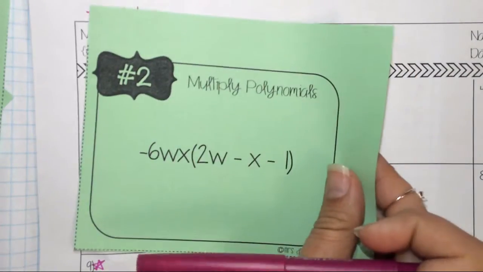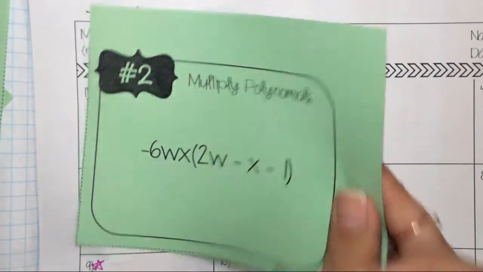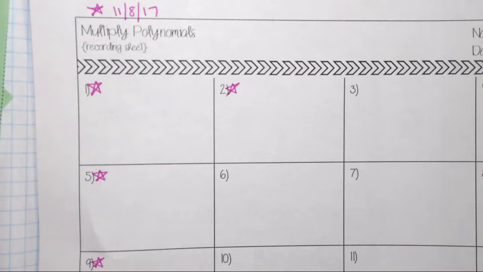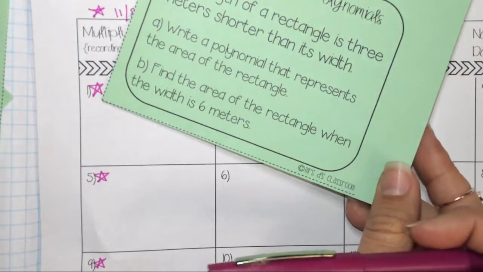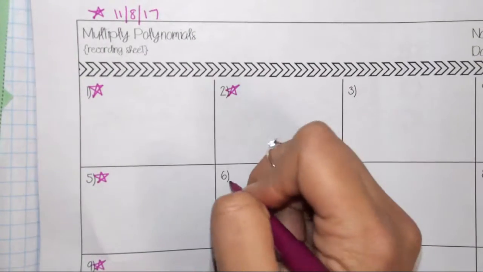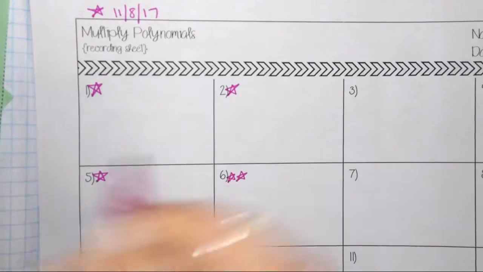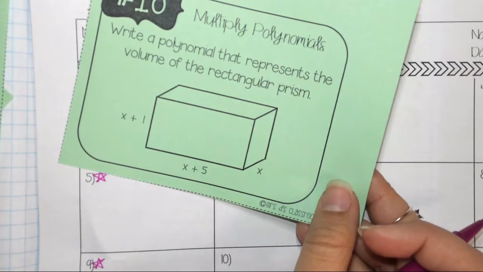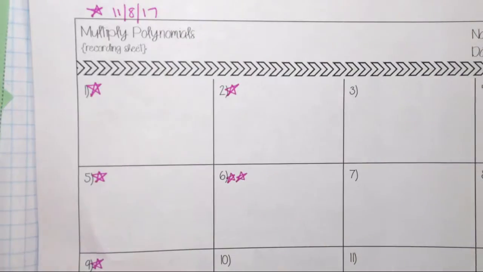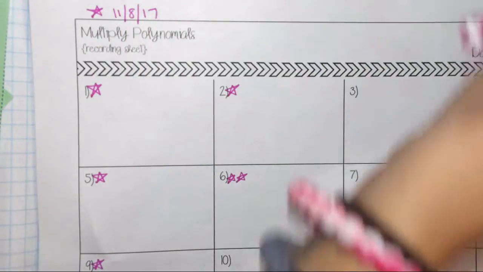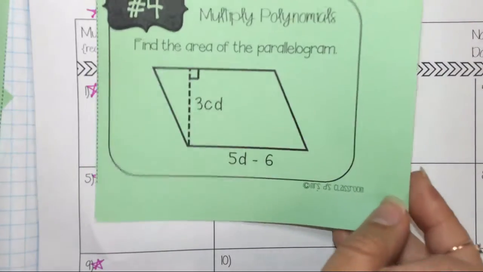What about number 2? We can do number 2. We can totally do number 6. Put a double star. I will help us on number 6. We cannot do 10 yet, so put 10 aside. What about 14? Nope. What about 4?